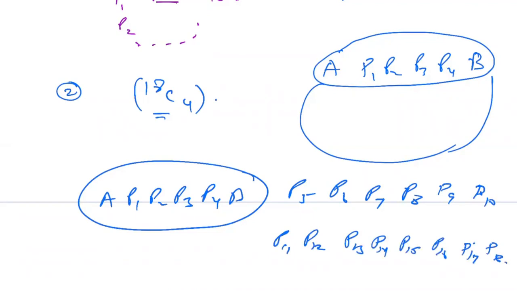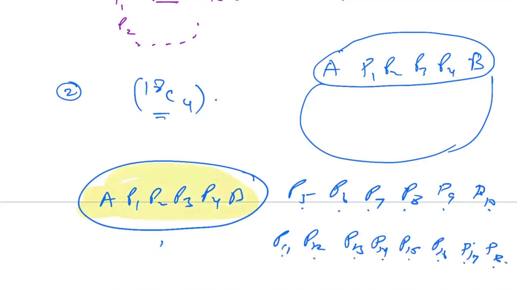So this is 1, 2, 3, 4, 5, 6, 7, 8, 9, 10, 11, 12, 13, 14, 15. So we can see there are 15 different groups because I'm taking this as 1.